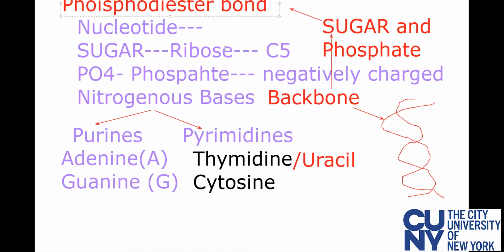Now these nucleotides, whether it is RNA or DNA, are made up of sugar, phosphate, and nitrogenous bases. Sugar is ribose, and I'll come to it later in the next slide, that ribose is part of RNA. Deoxyribose sugar is part of DNA.